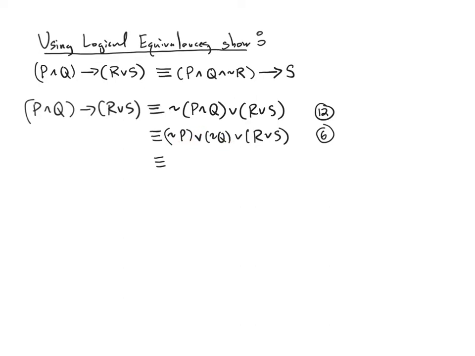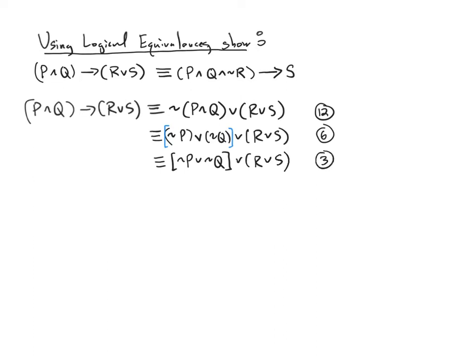It ends up being the same. So I'm going to do it the long way, just to make sure we're doing things appropriately. So I'm going to group these two together. So this becomes not P or not Q, or R or S, and that's by 3.